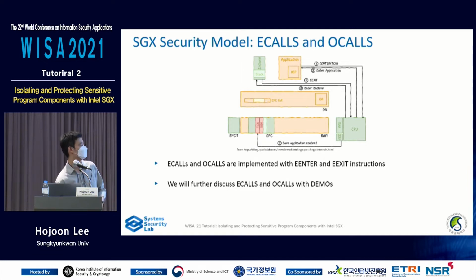They are implemented with the EENTER and EEXIT instructions. If you have a history in systems programming, these are very similar to syscall and sysexit. It's just another instruction that allows you to move in and out of a privilege layer. And we're going to discuss the programming pattern involving ecalls and ocalls with our demos.